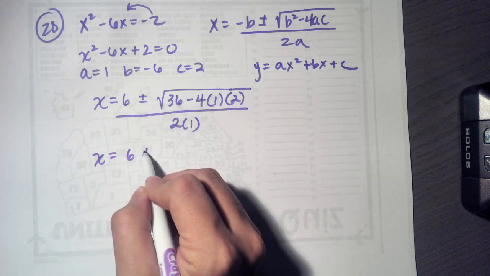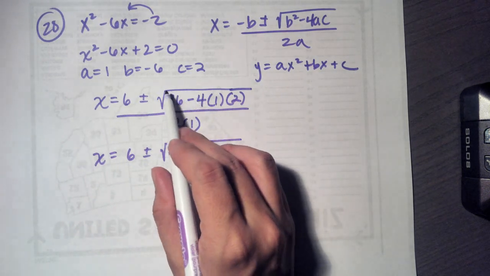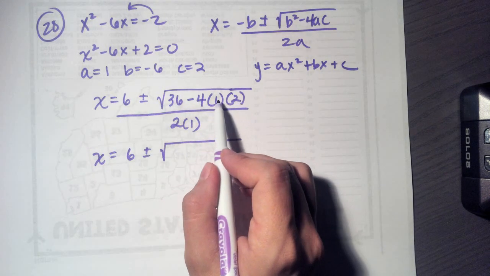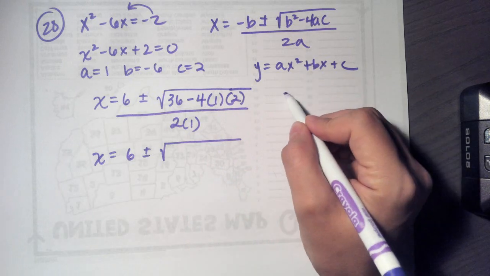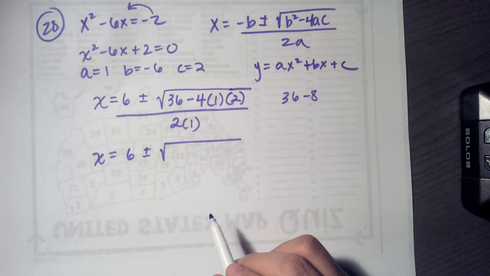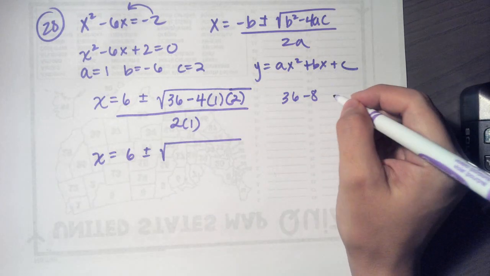So then I have 6 plus or minus. Let me simplify what's under the square root first. 4 times 2 is 8, and 8 times 1 is 8. So this will be 36 minus 8, and 36 minus 8 is 28.